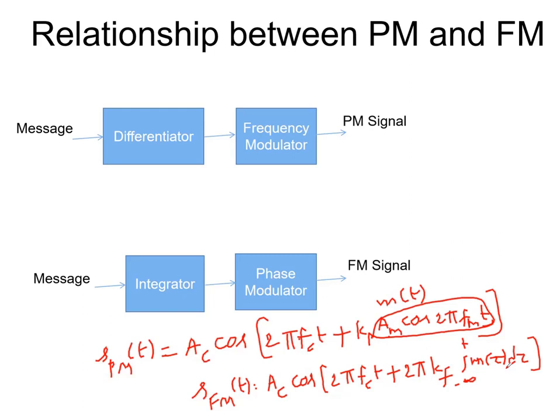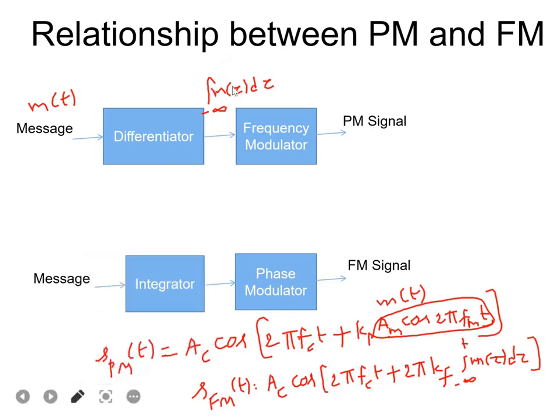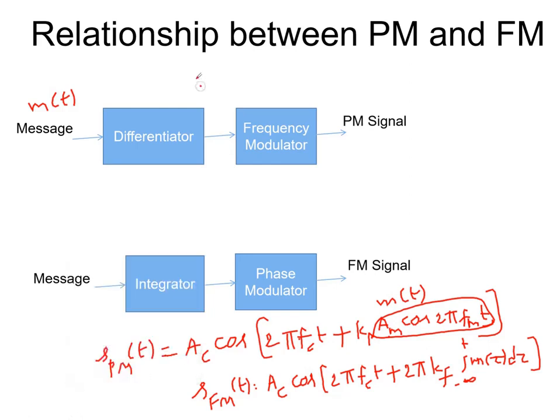The basic relationship is this: whenever you pass your message m(t) through a differentiator, your output will be of the form of the derivative, dm(t)/dt.